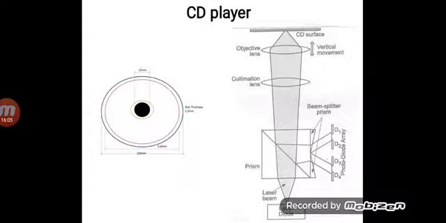We call it a pit where the laser beam was on and struck the surface. So your recorded sound signal is in the form of pits and flats on the compact disc surface.